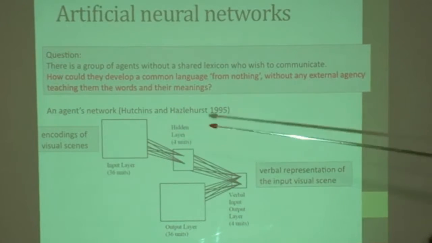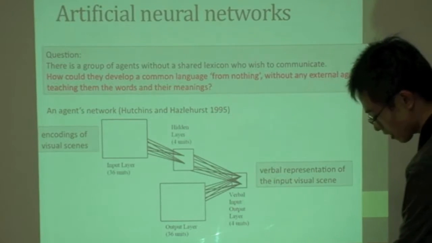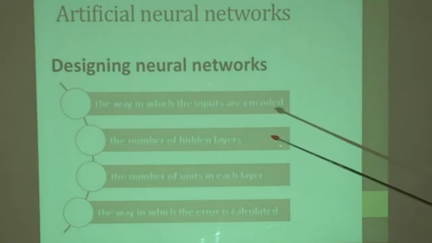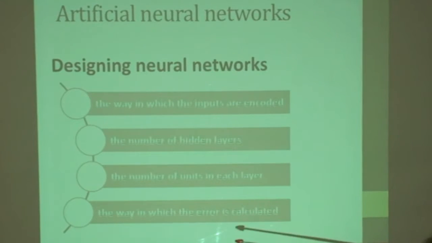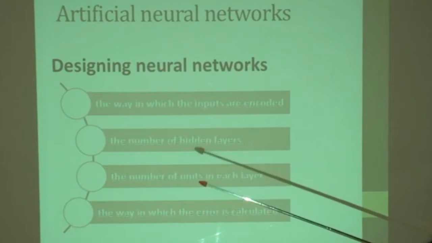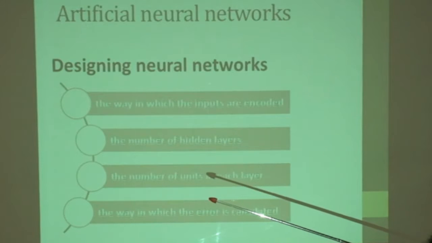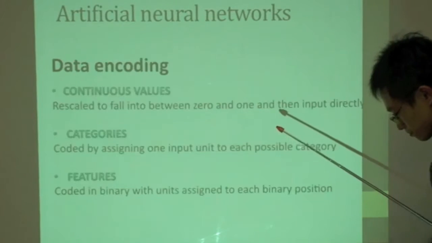In this case, we have 2 hidden layers. The third one is the number of units in each layer. And the last one is the way in which the error is calculated. We calculate the error to adjust the weights of the connections, so this one is also very important.